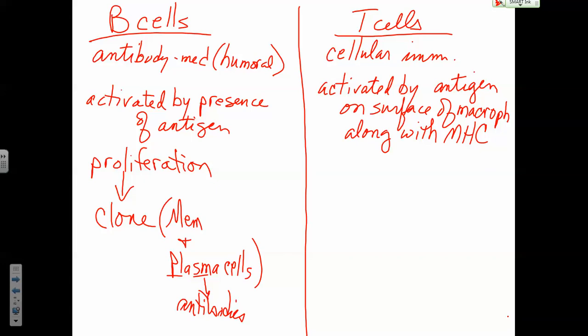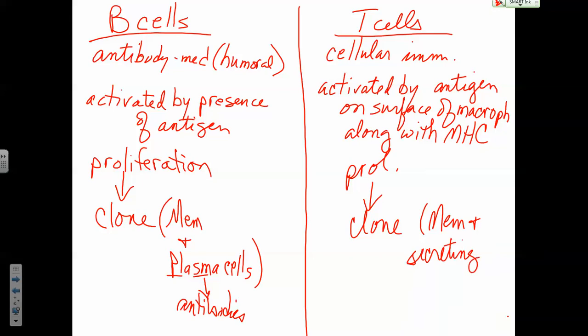All right. And then when they get activated, again, they proliferate to produce a clone. And in that clone, you have memory cells and secreting cells. We didn't really name them, but the ones that are actively secreting. And they secrete chemicals. An example of what they secrete is cytokines.